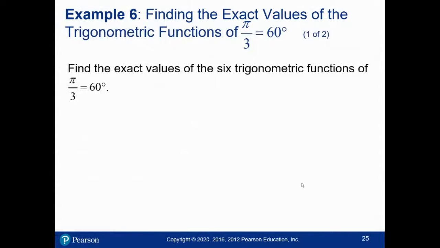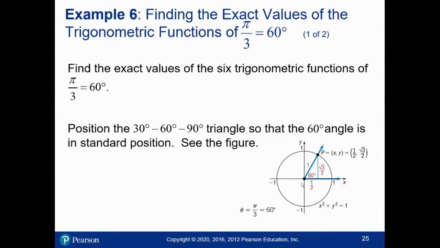Okay. Moving on. How about 60 degrees or pi over 3 radians? Can I find sine, cosine, tangent, cosecant, secant, and cotangent? So here, we're going to use a bit of geometry as well.